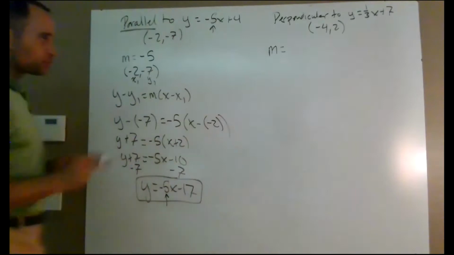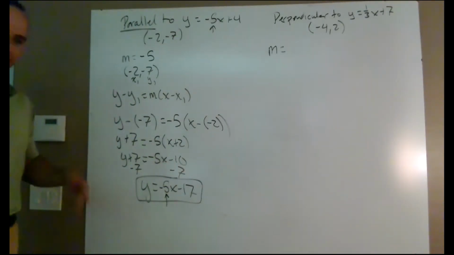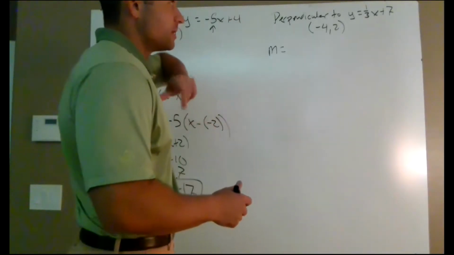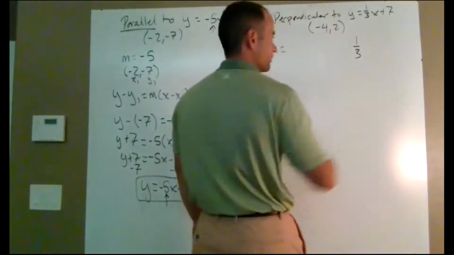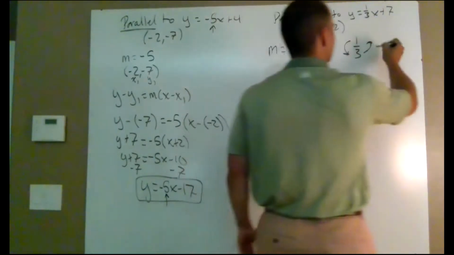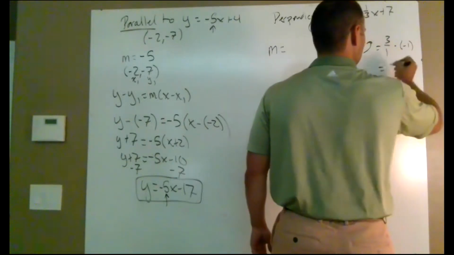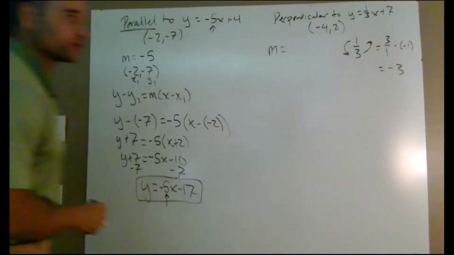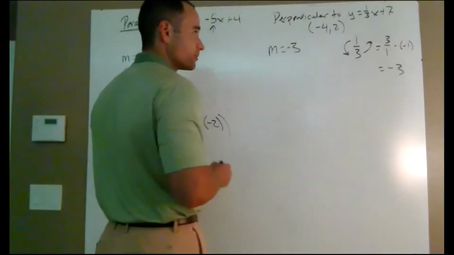When two lines are perpendicular to each other, their slopes will multiply to negative 1, or they are negative reciprocals. So to find the negative reciprocal of 1/3, I'm going to flip it. This gives me 3/1. And then I'm going to multiply it by negative 1. 3/1 is just 3, times negative 1 is negative 3. So my slope will be negative 3.